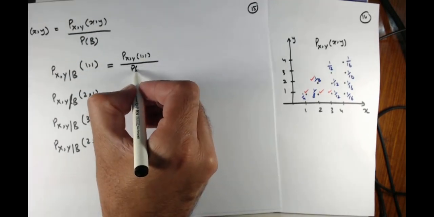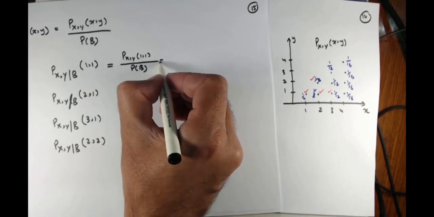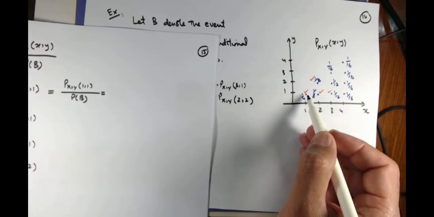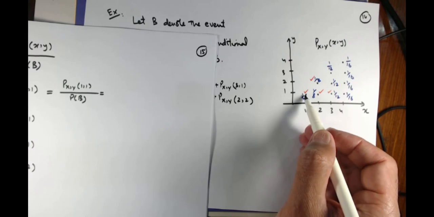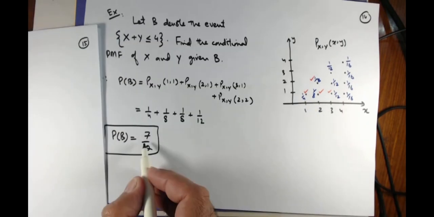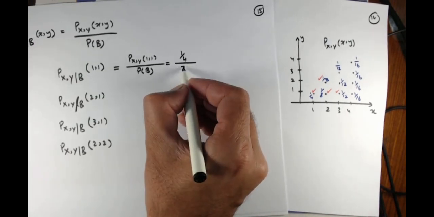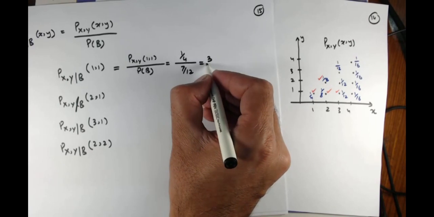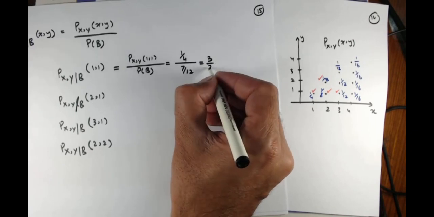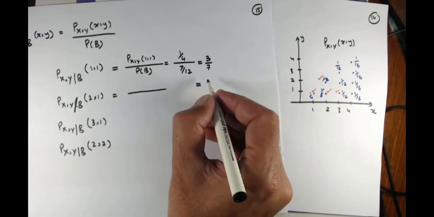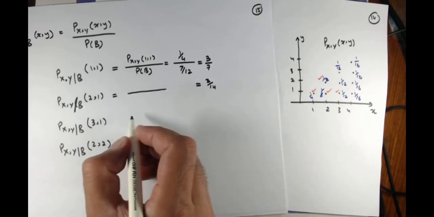So numerator we have 1 by 4, denominator we have 7 by 12. So you get 3 by 7.